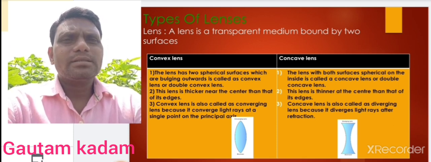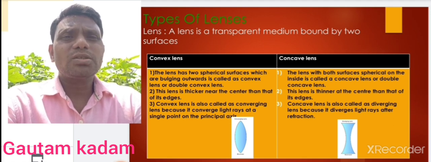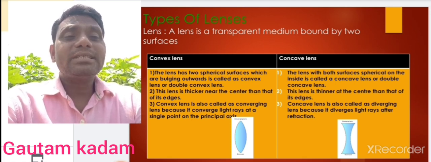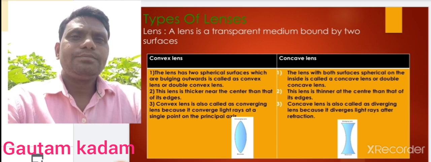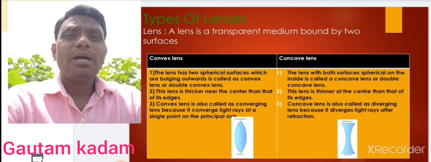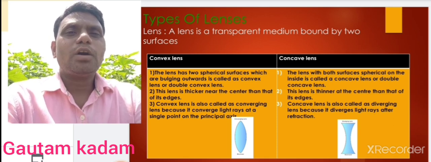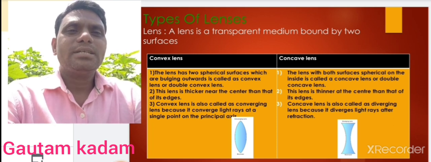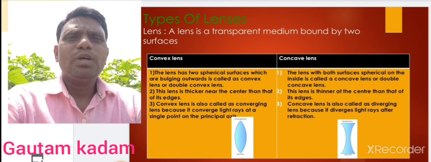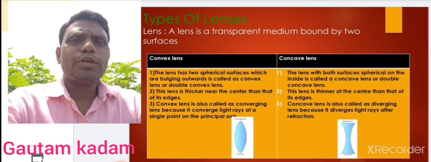Concave lens is also called a diverging lens because it diverges light rays after refraction. Means refracted rays don't meet at a single point on the principal axis. That's why it is called a diverging lens. So this is about convex lens and concave lens.